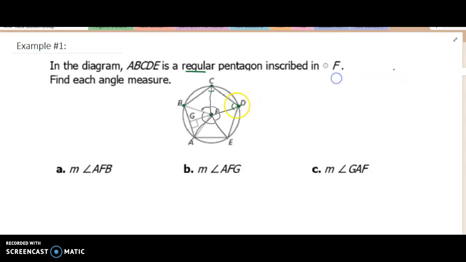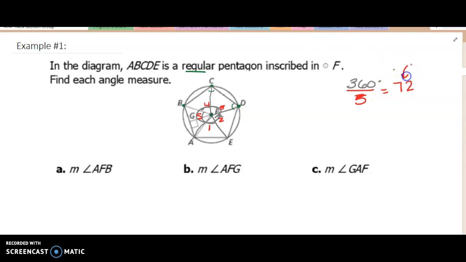If I go all the way around in a circle, that's a total of 360 degrees. I'm splitting that 360 into 1, 2, 3, 4, 5 central angles. So I could just do 360 divided by 5, which equals 72.